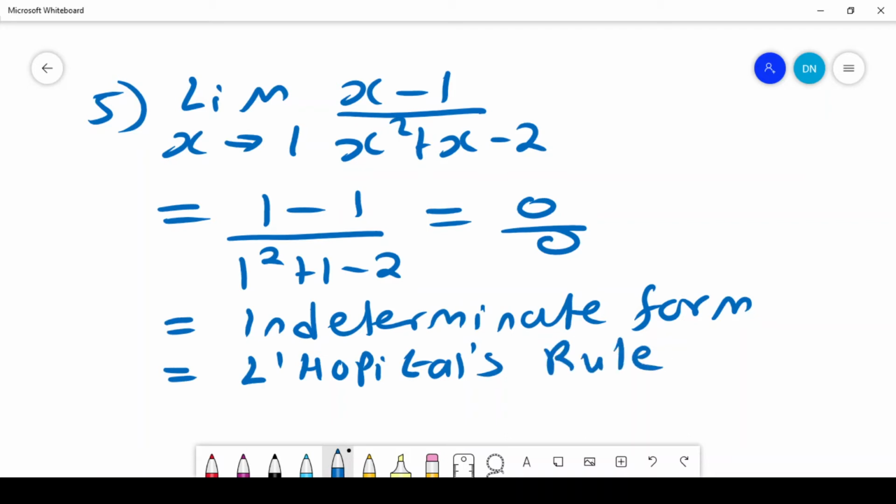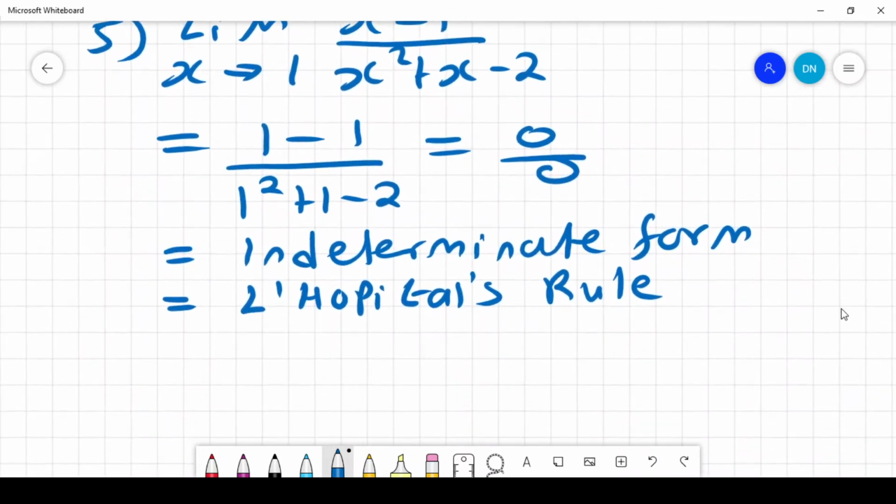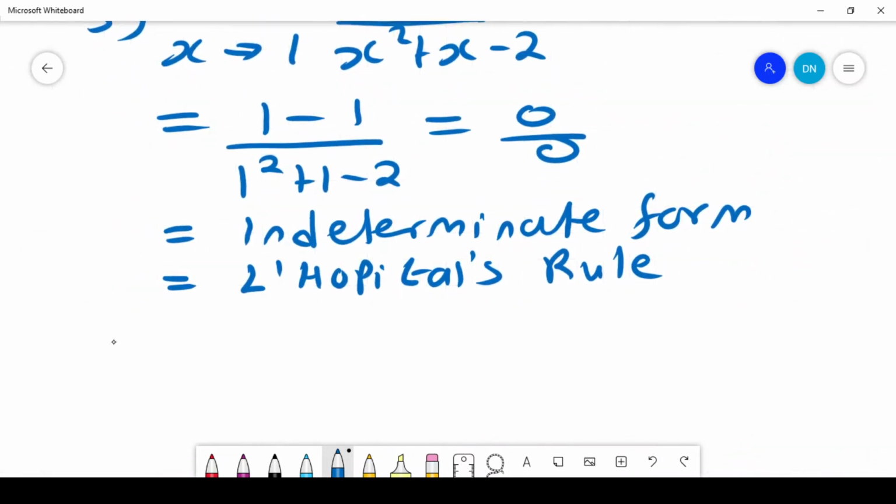And so when we have an indeterminate form, that's when we use what we call L'Hopital's rule. What do we do? We differentiate the denominator and the numerator at the same time, and then we substitute. So I'm going to go through the problem again. The limit as x tends to 1. When I differentiate the topmost part, it will give me 1.